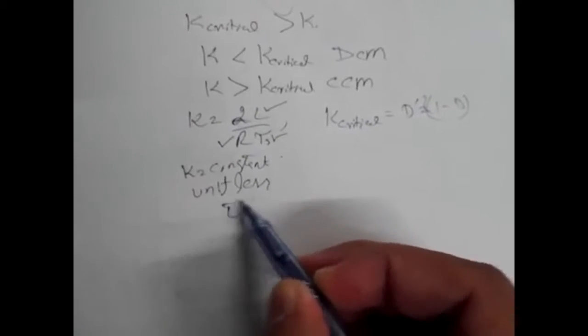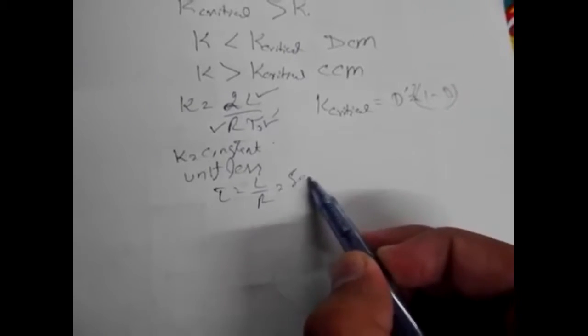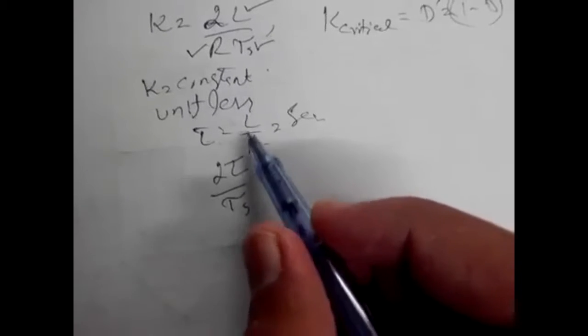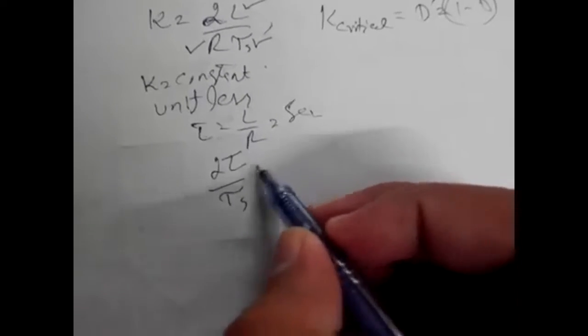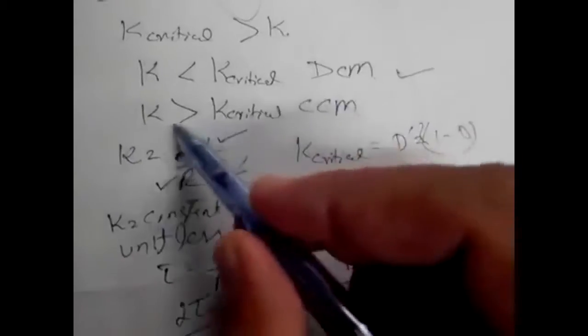As we know that tau is equal to L by R, and its unit is second. So 2 second by second becomes 2, so it is unitless. So now we get a condition that if K is less than K critical, then it will be in DCM, and if K is greater than K critical, it will be in CCM.